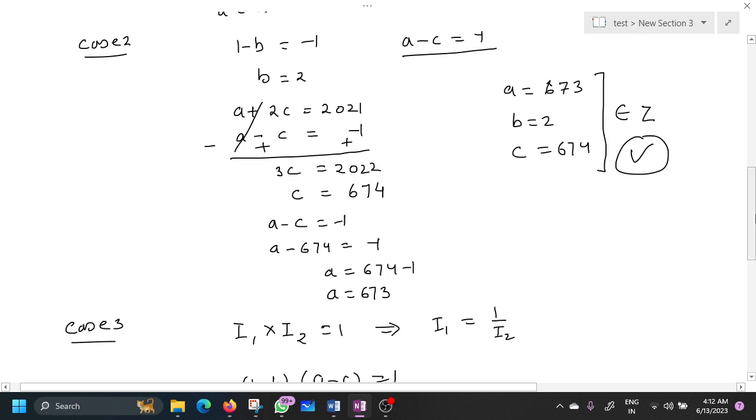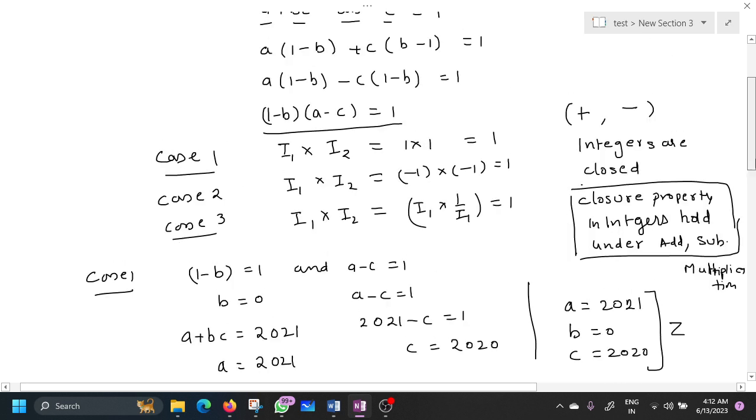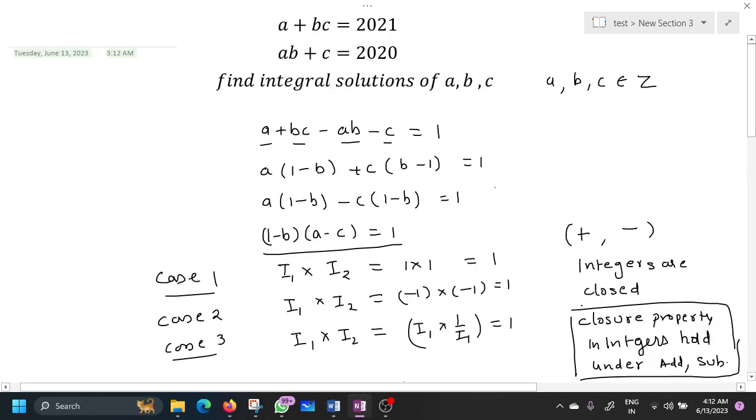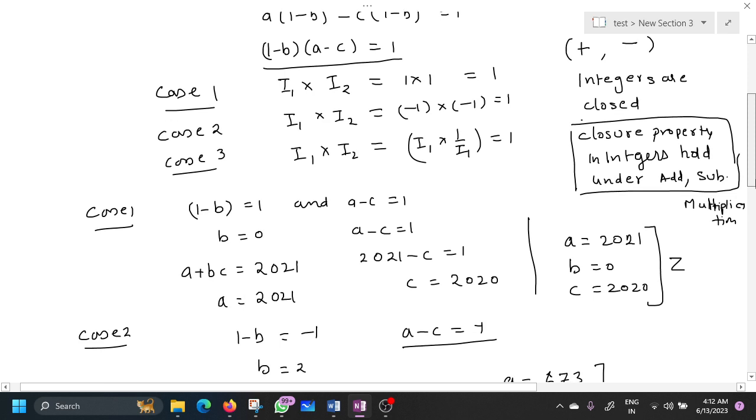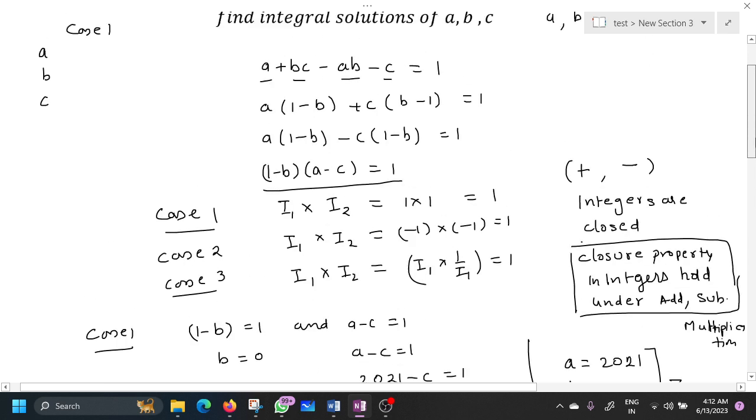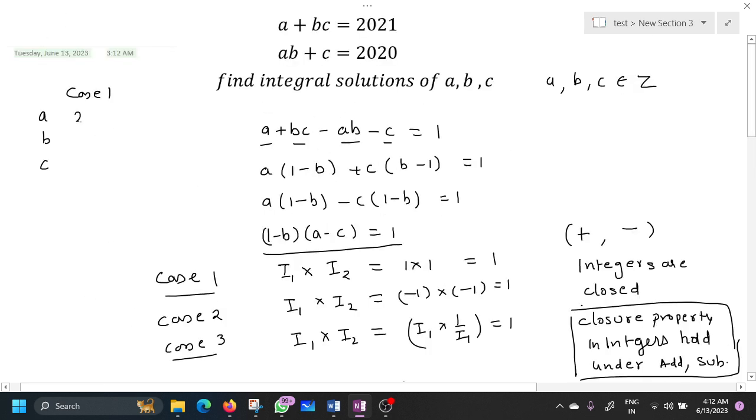In first and second case we are getting answers. So the final solution is case 1, from which you get A, B and C. Case 1, the solution is A, B, C is 2021, 0 and 2020.